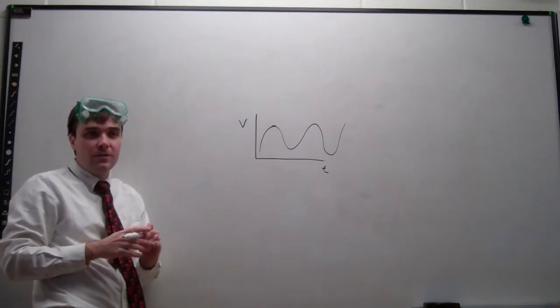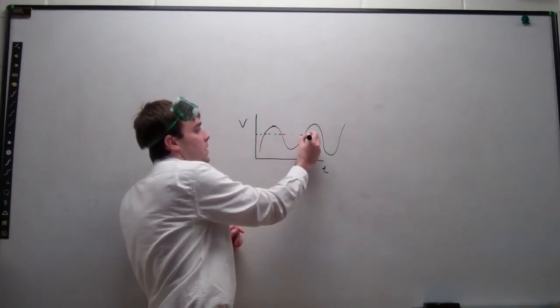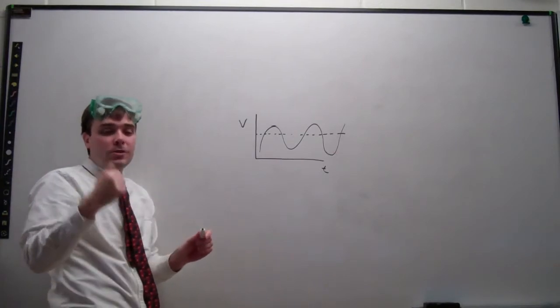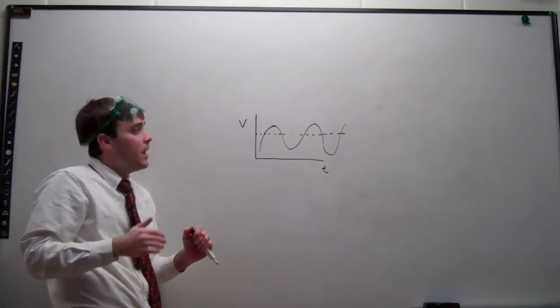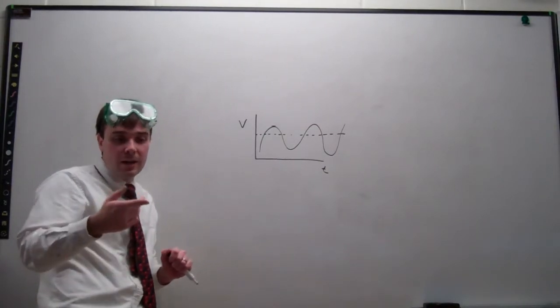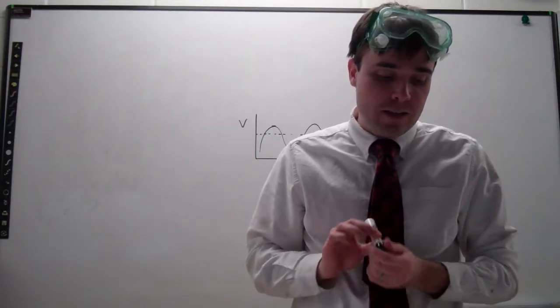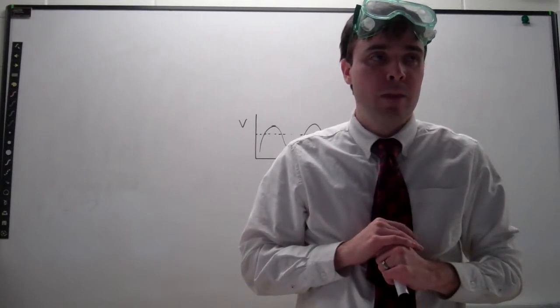Does that make sense? The voltage you actually use is somewhere in the middle of that. We call it the root mean square voltage, and it's referred to as V sub RMS. So the useful voltage V RMS is equal to 0.707 times the maximum voltage.